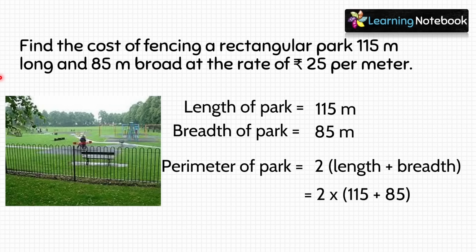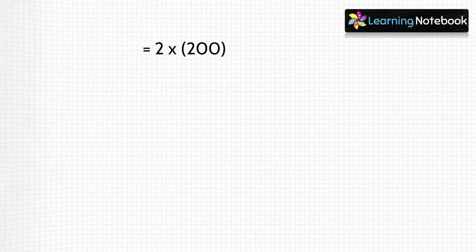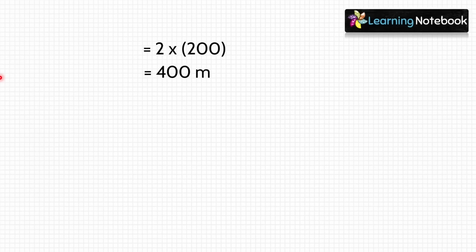So let's put these two values here and we get 2 into 115 plus 85. Let's add 115 and 85. We get 200. So 2 into 200 equals 400 meters.